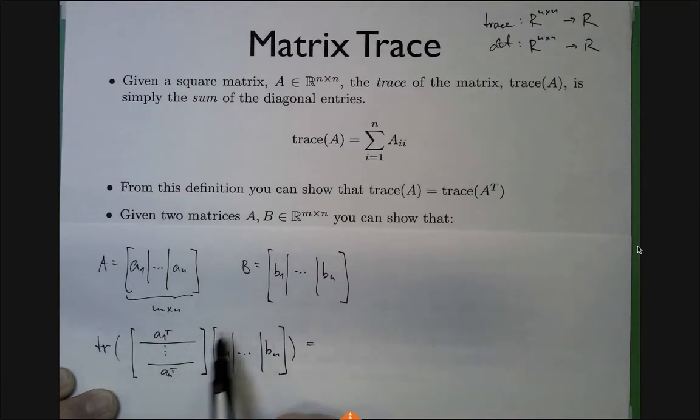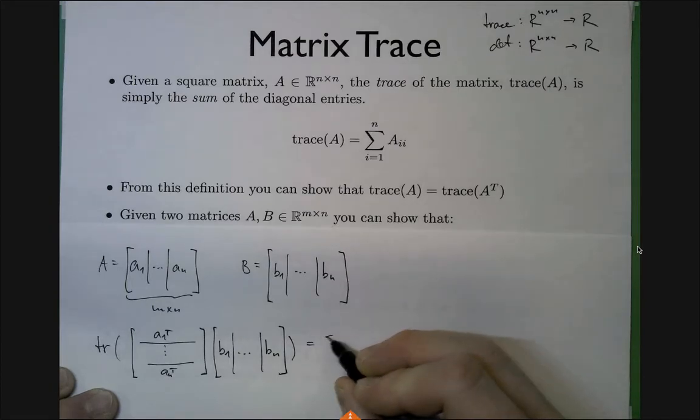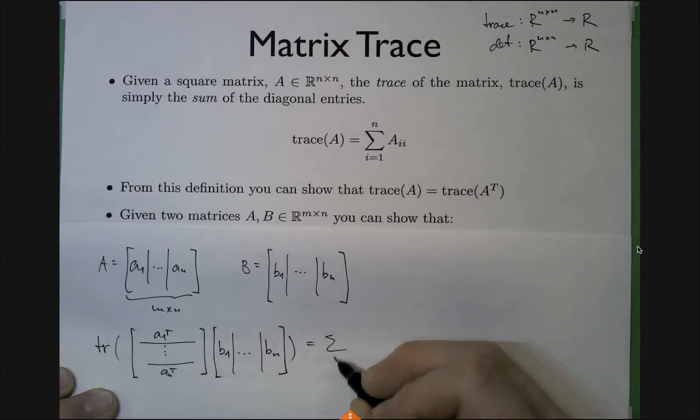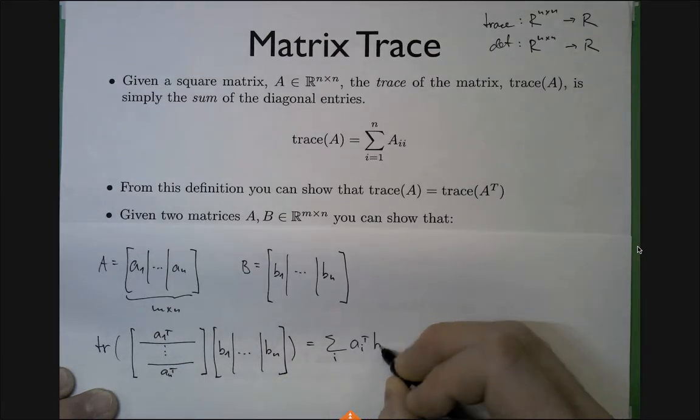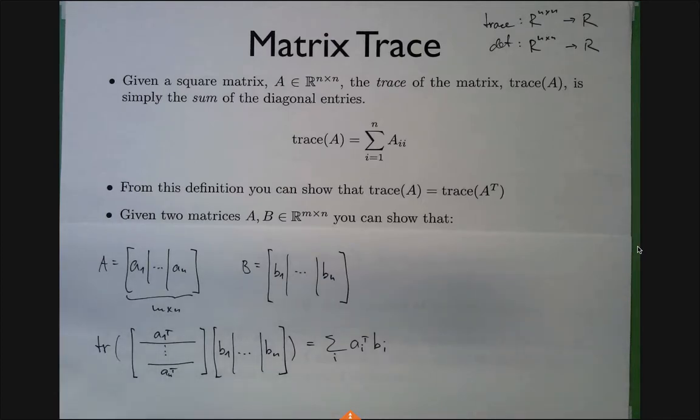I chose this layout to give this product a very elegant form. So the result is just a sum of all the dot products: the sum over i of A_i^T B_i. Because the first element on the diagonal would be A1^T B1, the second one would be A2^T B2, and so on. So this is just a sum of the dot products.